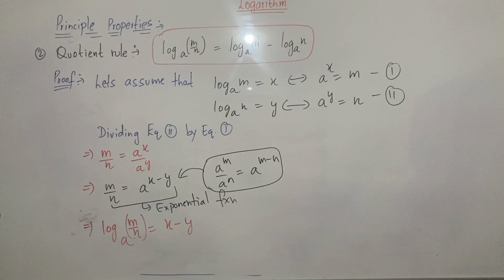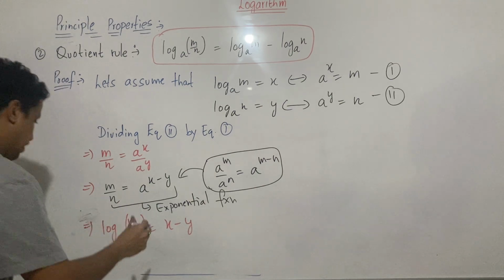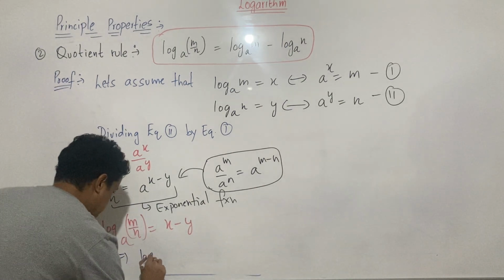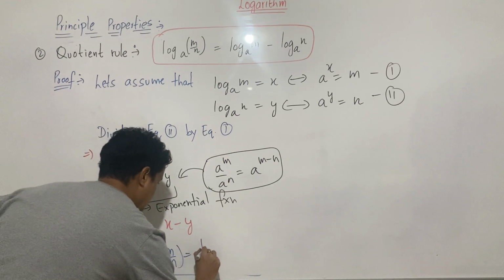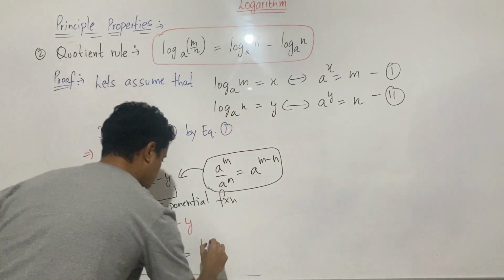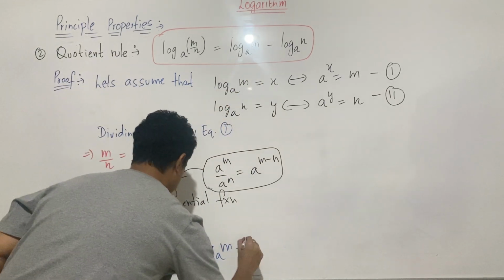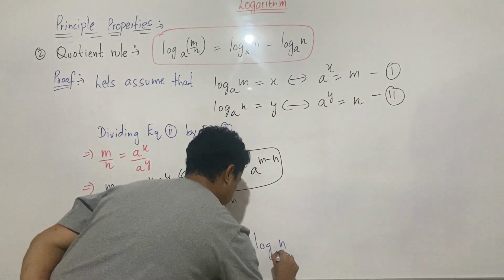Now you put the values of x minus y, so log m by n to the base a equals, the value of x is log m to the base a minus log n to the base a.